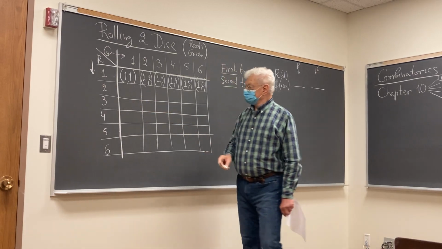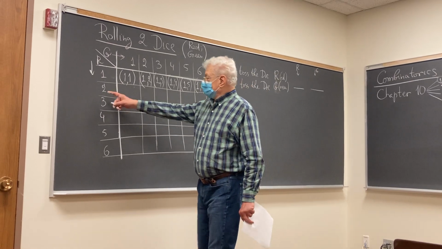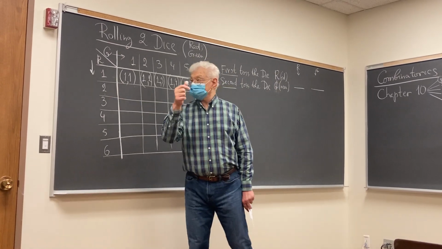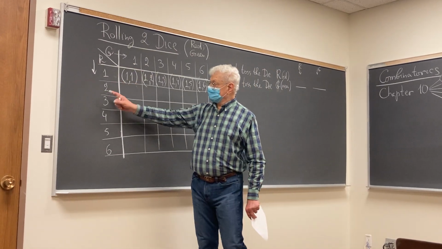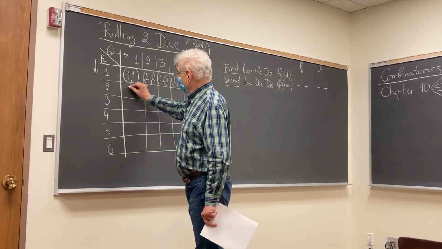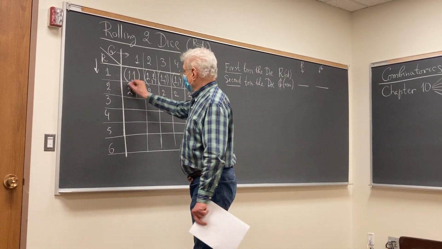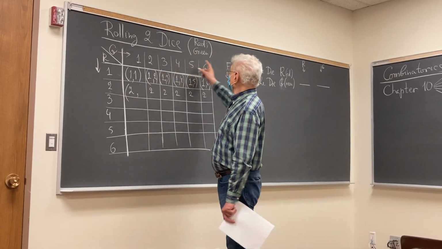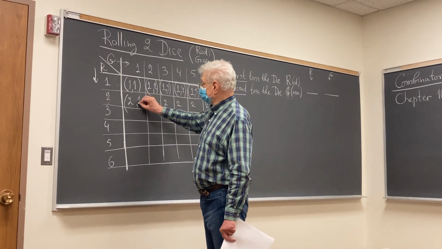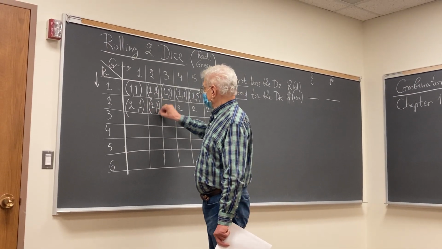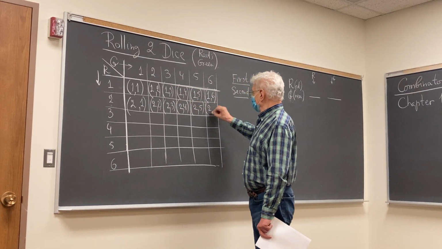Let me just explain once again for 2 and then write down the whole table. If you toss the first die, the red one, and you see 2, you can write 2 everywhere, and then the second outcome could be any of the 6. So you have 6 possibilities: 2,1; 2,2; 2,3; 2,4; 2,5; and 2,6.